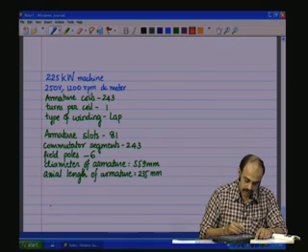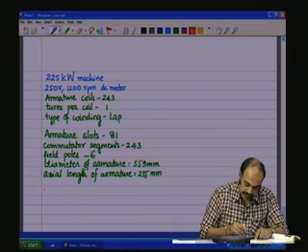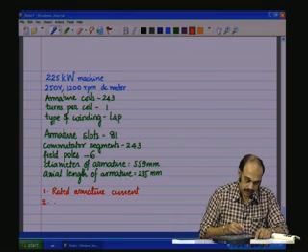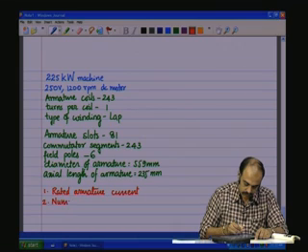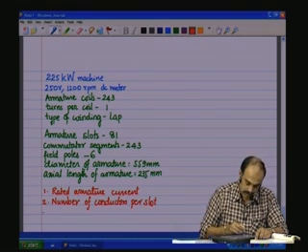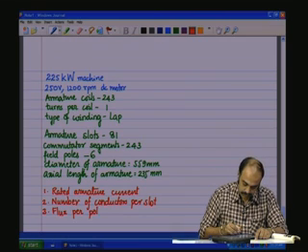Now, here try to find out, calculate rated armature current, then the number of conductors per slot and flux per pole.